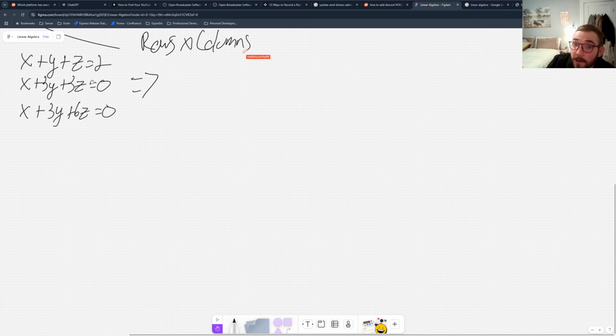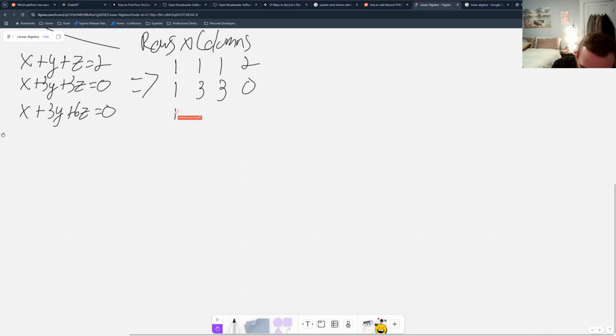And then we're actually going to add a fourth column that represents the equal side. Okay. So the number in every entry is the coefficient of the variable. So here in the first row we have 1, 1, 1, and then 2. And in the second row, we have 1, 3, 3, 0.